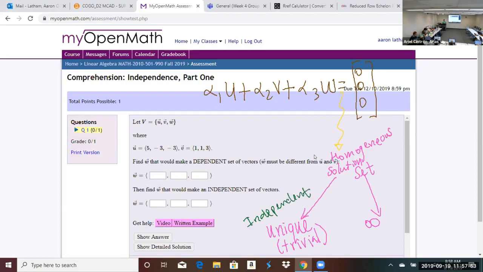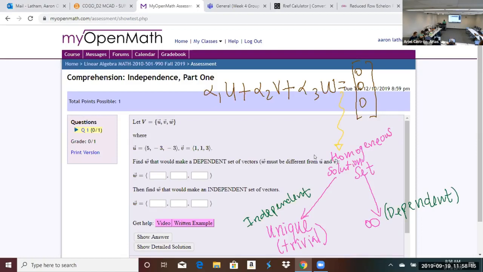If the only solution is the trivial solution for that homogeneous system, then we would consider u, v, and w independent. But if there are infinitely many, which includes non-trivial solutions, then this would be dependent.